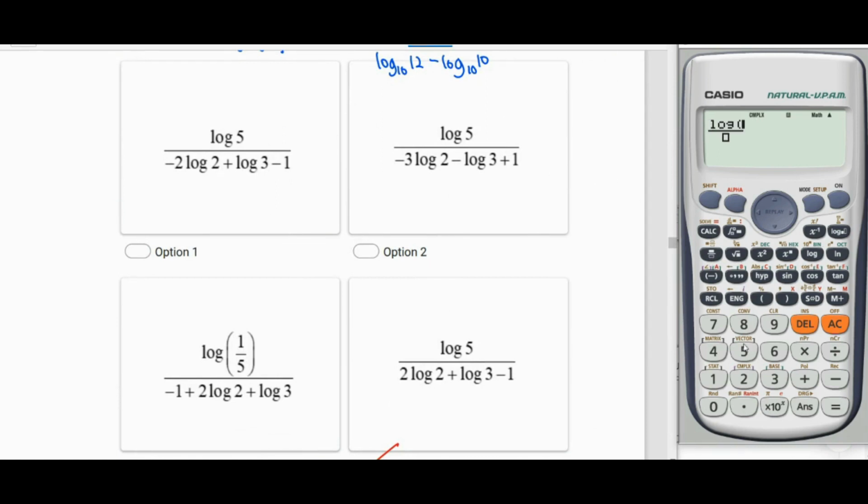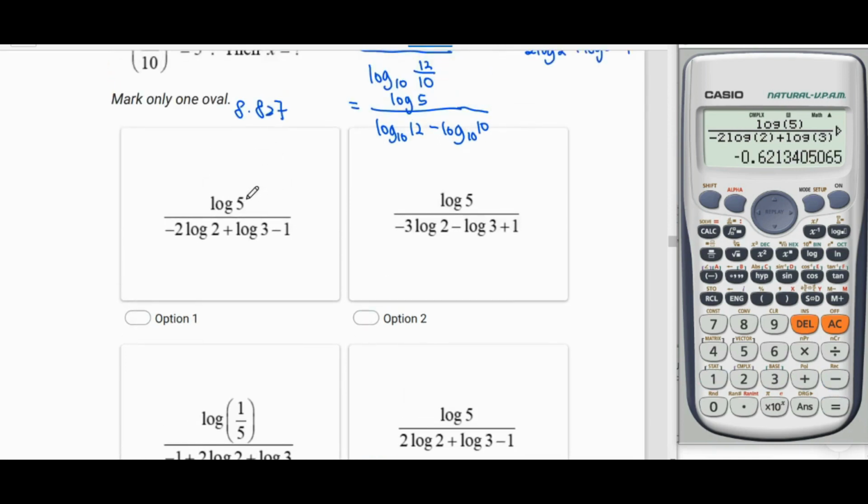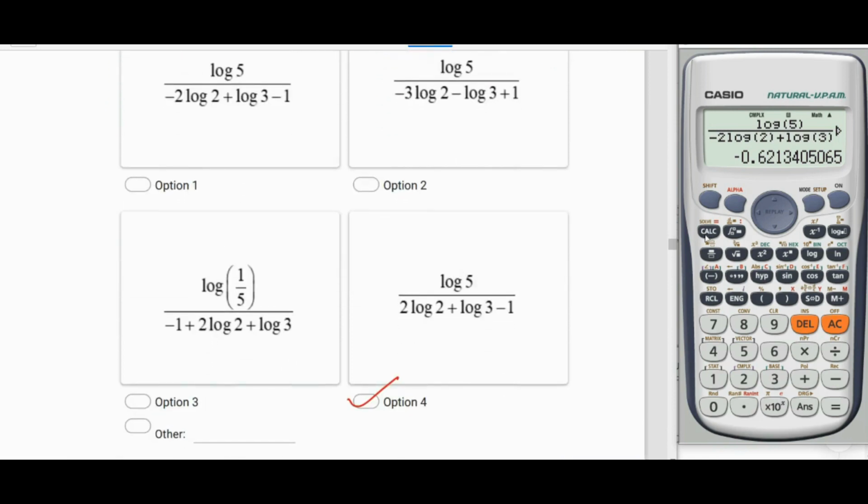This is, let's say option 1: log 5, then negative 2 log 2, plus log 3, minus 1. Yeah, so this is different. So this is not it. So you can double check here.